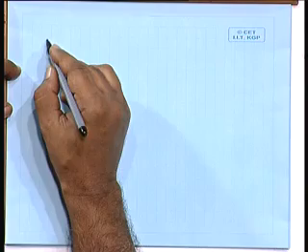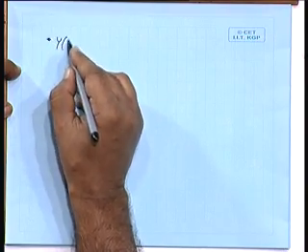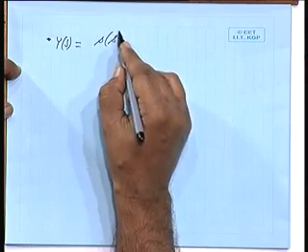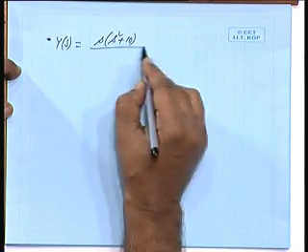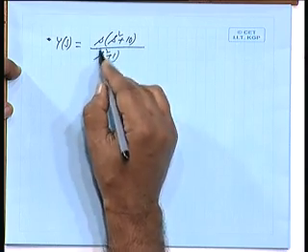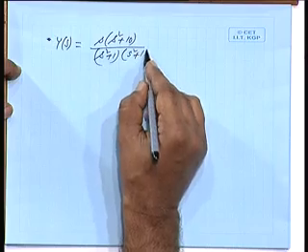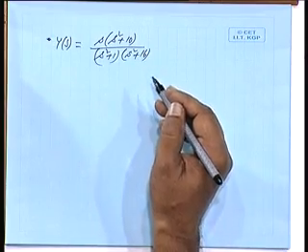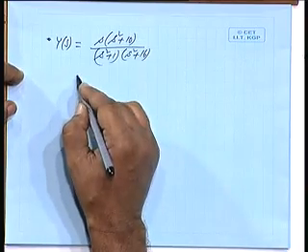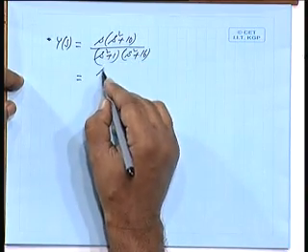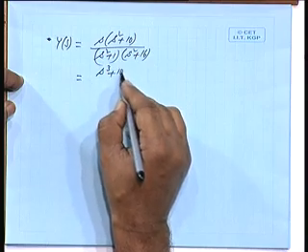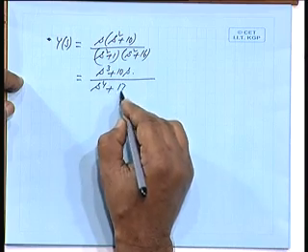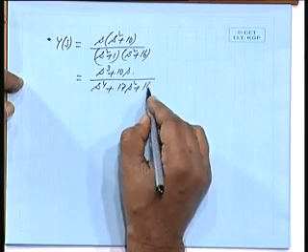So, if we have say YS, let us take an example. YS is S into S squared plus 10 by S squared plus 1 into S squared plus 16. If I ask you to realize it by Cauer synthesis, what will be the Cauer 1 synthesis? Let us write it S to the power 3 plus 10 S divided by S to the power 4 plus 17 S squared plus 16.